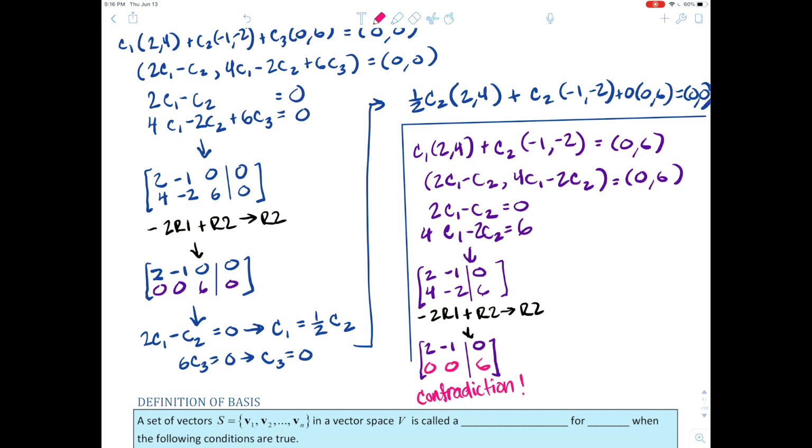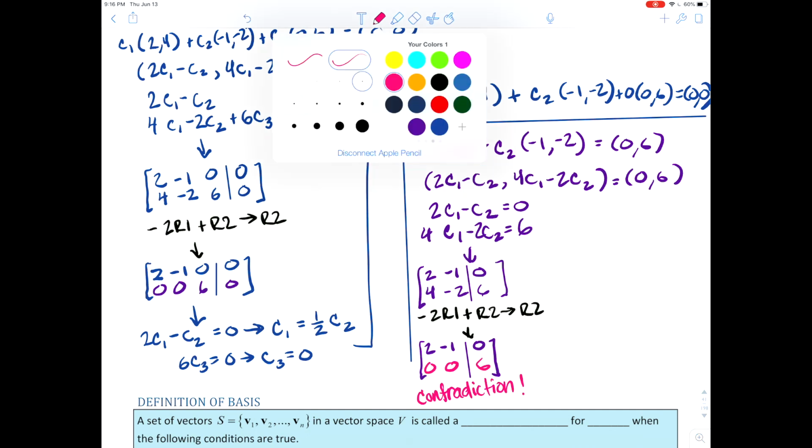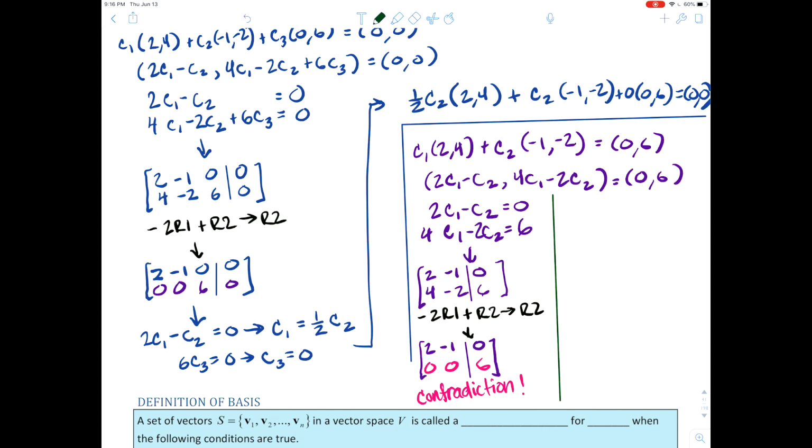All right. So why don't we try something else? That would tell us that we're going to have to use different vectors. C1 times -1, -2 plus C2 times 0, 6, and see if we can find C1 and C2 where they'll equal 2, 4.